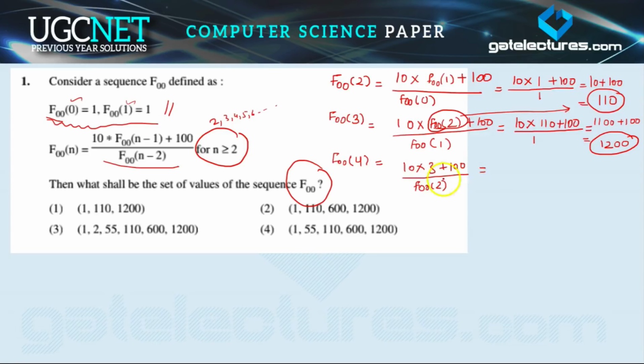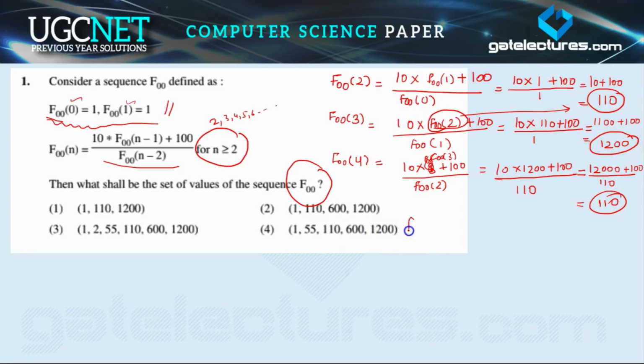We know the value of f(3) is 1200, so 10 into 1200 plus 100 into f(2), which is 110. That is 12,000 plus 100 divided by 110. After calculating this whole expression, we get 110. Now you see the pattern.